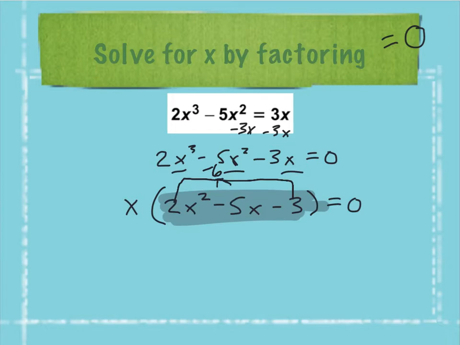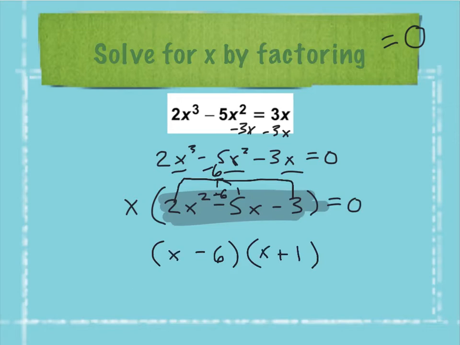But that would give us a +6. So what are two other factors of -6? Oh, -6 and +1. So we put -6 and +1. And we put x and x.